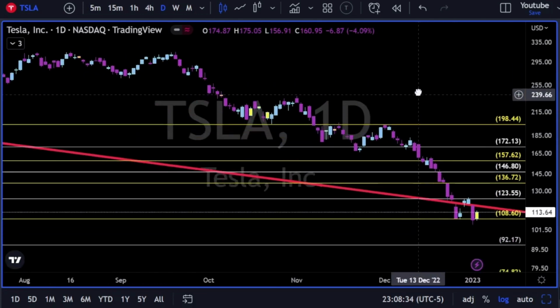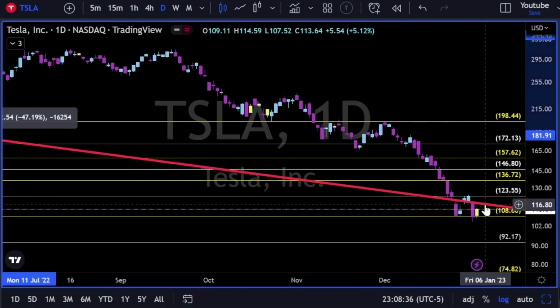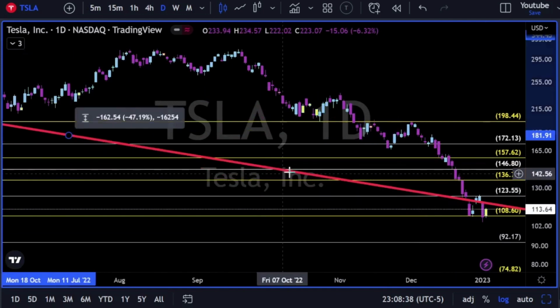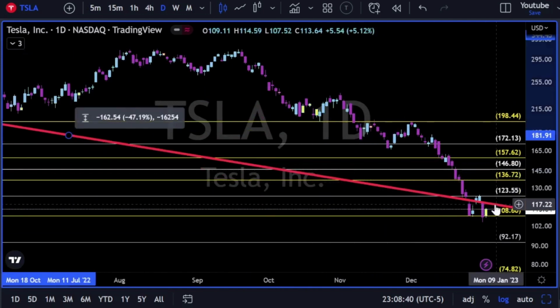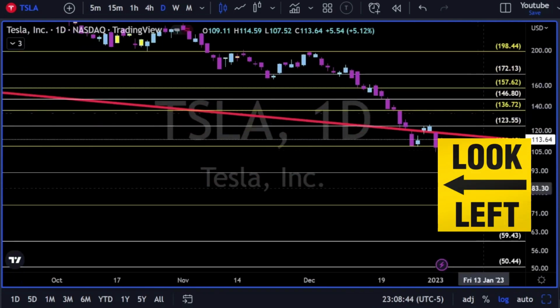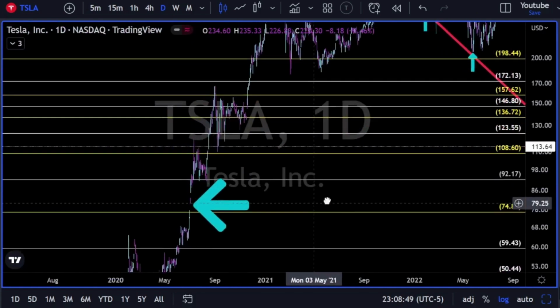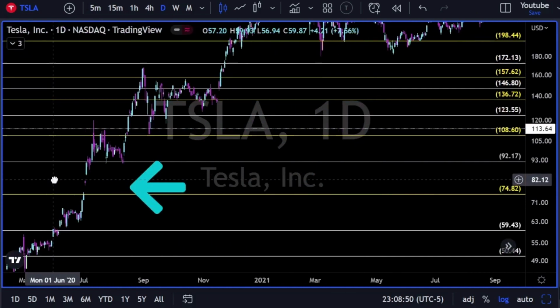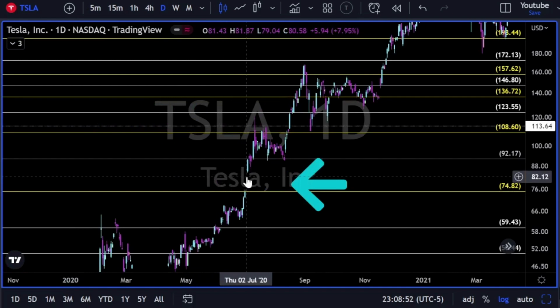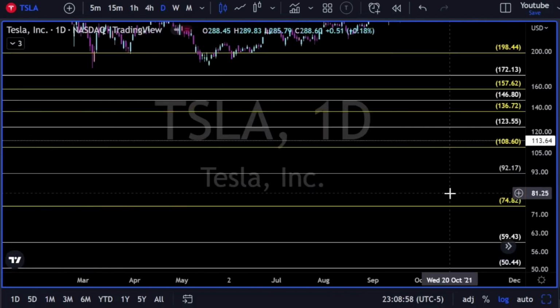So now from support it will be some kind of resistance. So keep your eyes on this red trend line and levels to the upside or to the downside. As we mentioned, these two gaps, if 108 fails to hold, these two gaps at the 82 and the 75 will get filled.